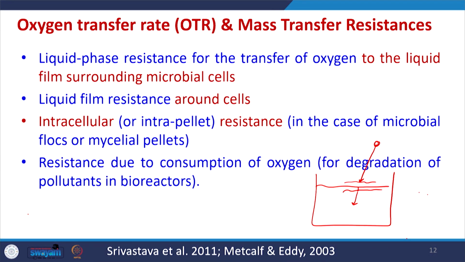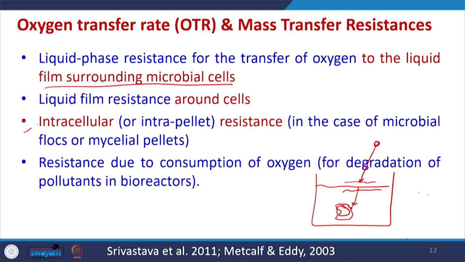Also, there is liquid phase resistance for transfer of oxygen to the liquid film surrounding the microbial cell. It is possible that a microbial cell may be there and there is a liquid film surrounding this microbial cell. So, resistance will be offered by this film also. Also, the liquid film resistance around cells is there.